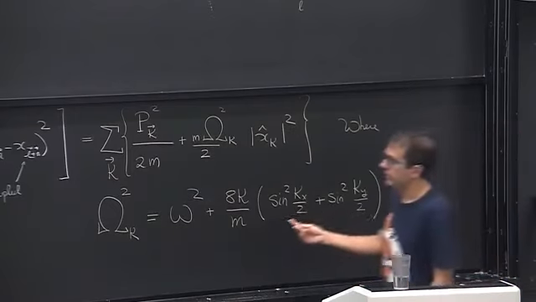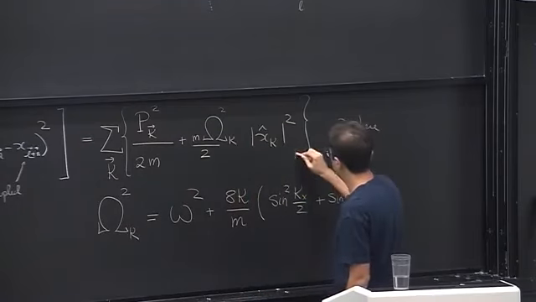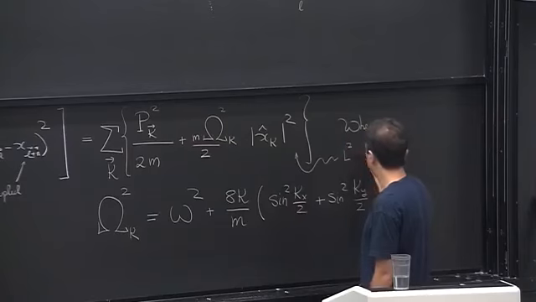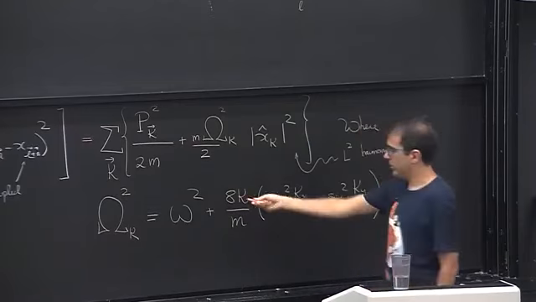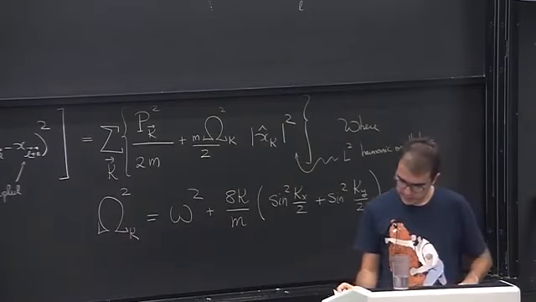Therefore, this is my Hamiltonian, and it's just a bunch of, so there are just L square harmonic oscillators. Should it be 16 here? I don't think so, but let's see.